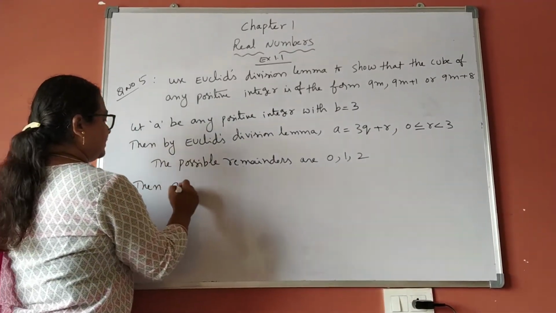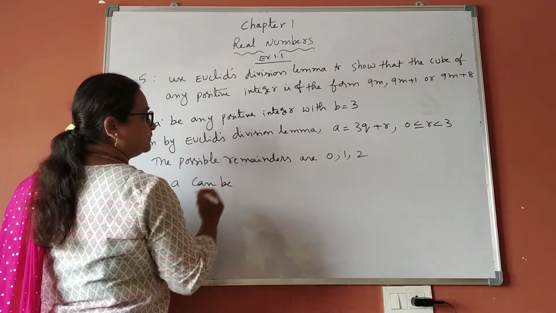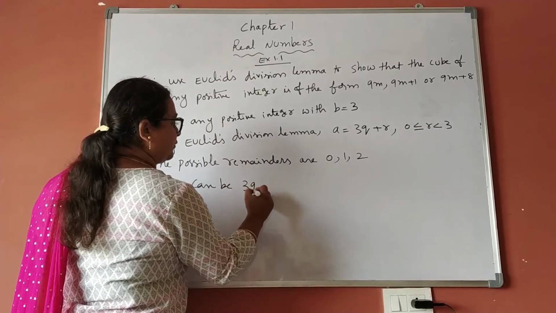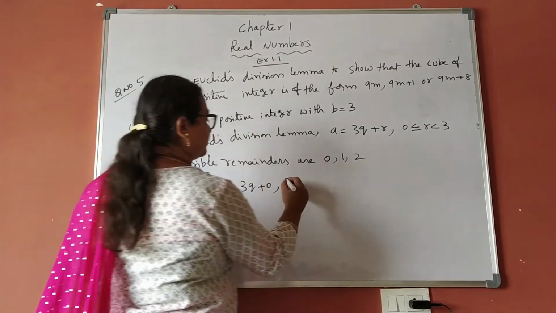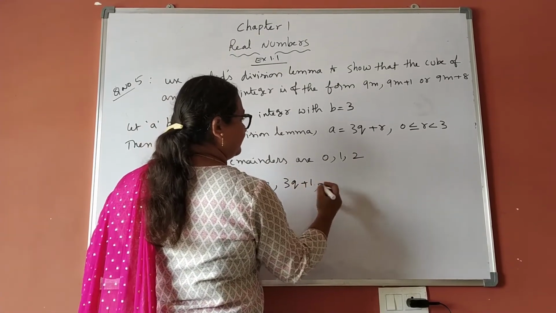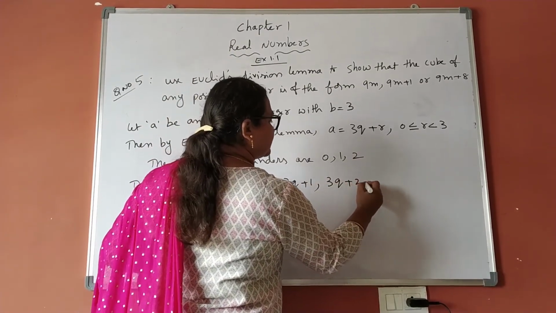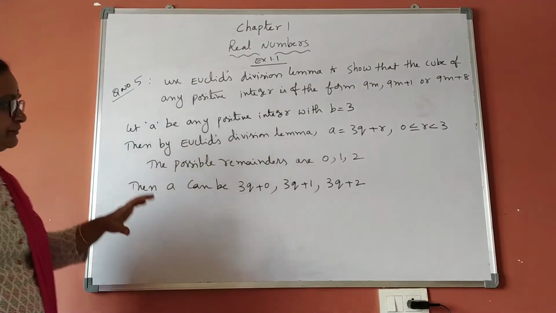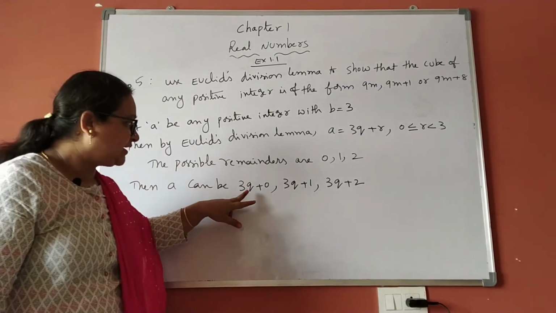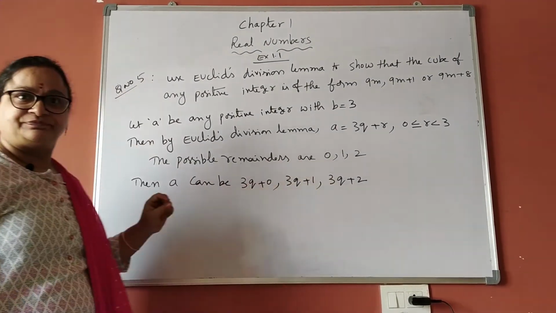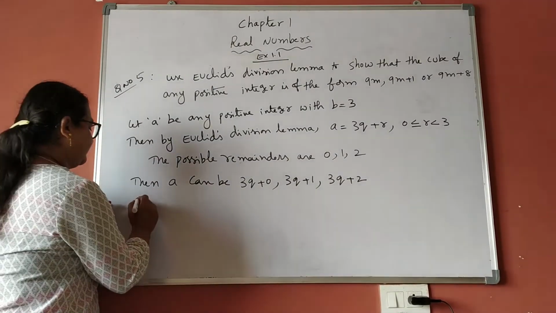Then a can be 3q plus 0, 3q plus 1, 3q plus 2. So how many cases we have? 1, 2, 3.